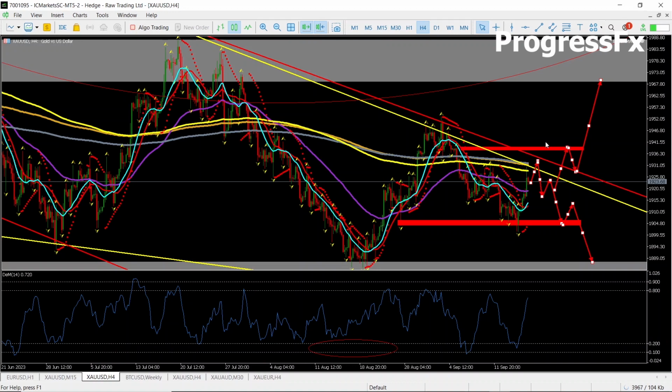That is looking for the area of 1940 or above, but at first 1940 and a little consolidation, then start looking for above 1950.